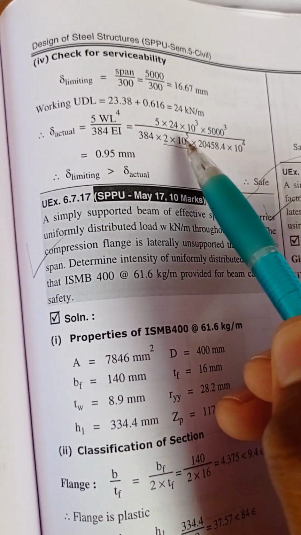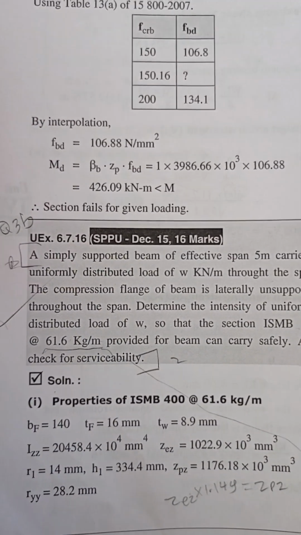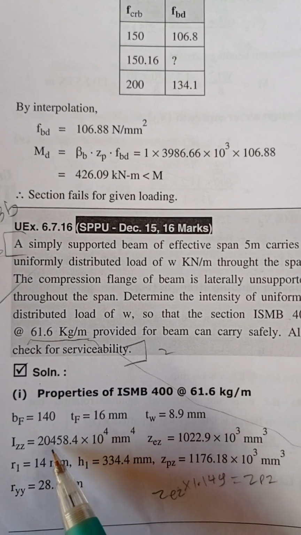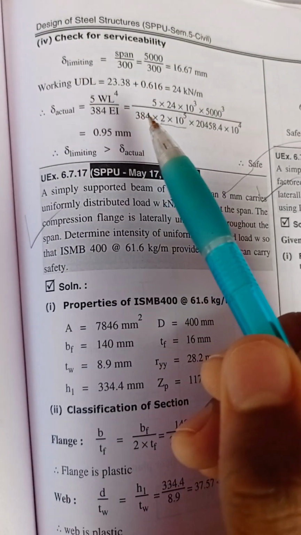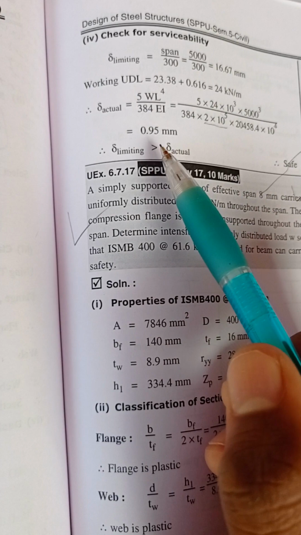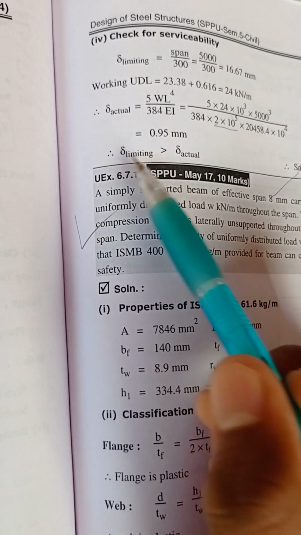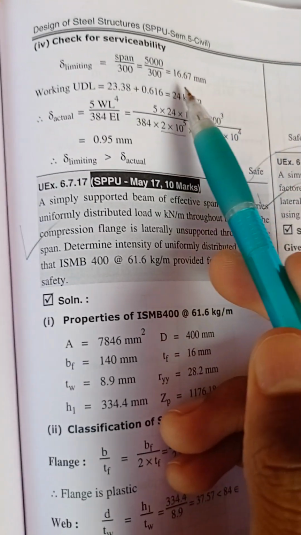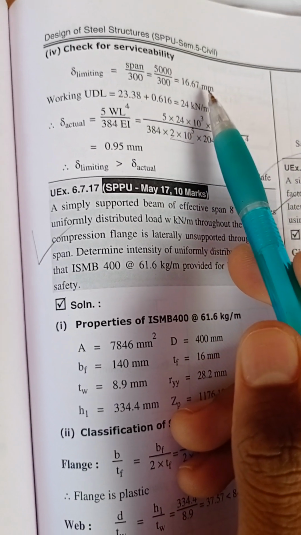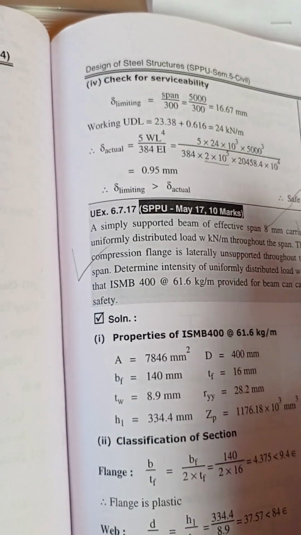It will always be the same in Newton, and I is what we have found from the steel table, IZZ. You can see it here. So put all this in the calculator and you'll get this value 0.95 mm, which is less than delta limiting, meaning the allowable deflection, which was 16.67 mm. Our deflection is way less, so hence safe.